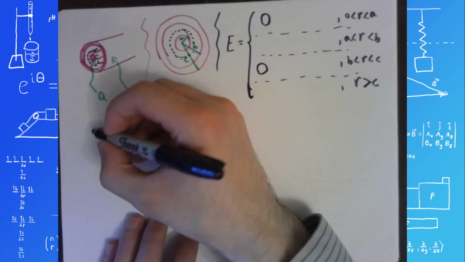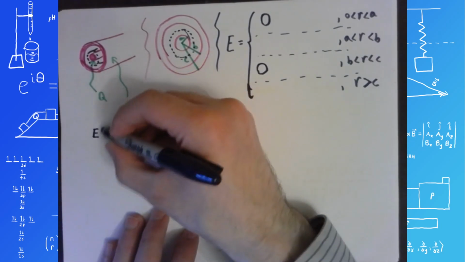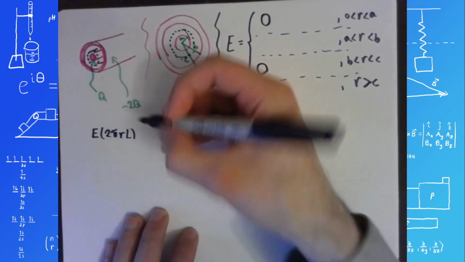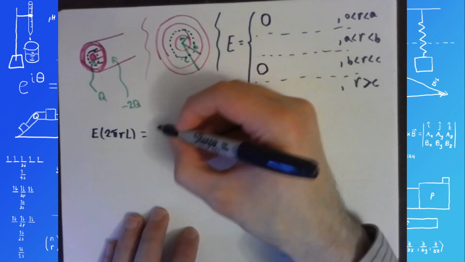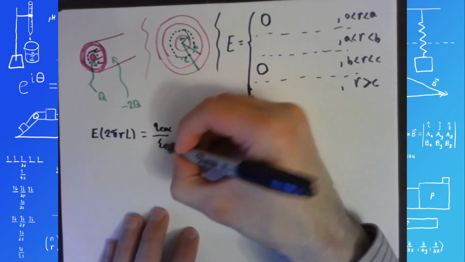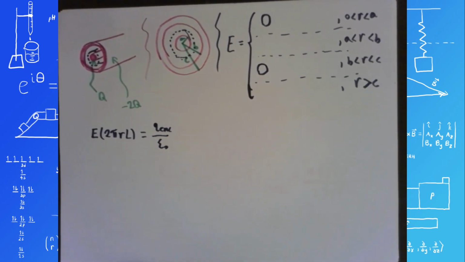Well, by Gauss's law, we know that the flux, which is going to be E times, for cylindrical symmetry, 2 pi RL, equals the charge enclosed over epsilon naught, and they made this really easy because they told us how much total charge there is on this cylinder.